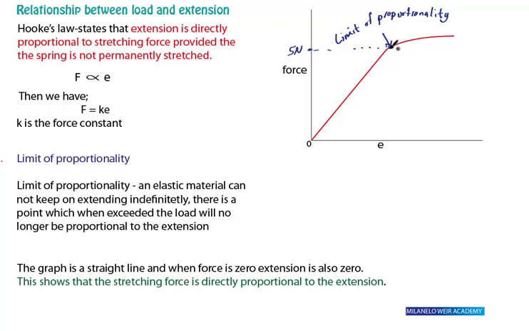If you increase beyond 5 Newton, the spring deforms. The extension is no longer directly proportional to the force or load. In that case, it doesn't go back to its original length when the force is removed. So it's permanently deformed. So that's what we needed to know.